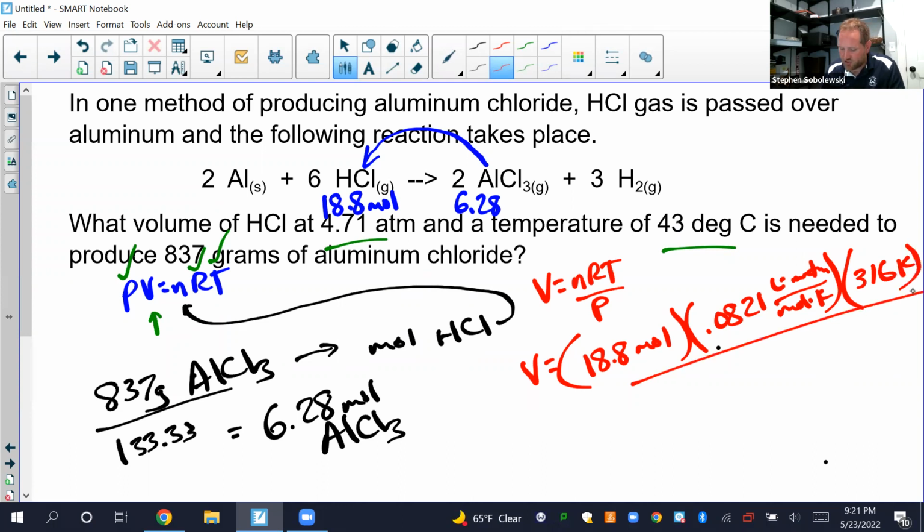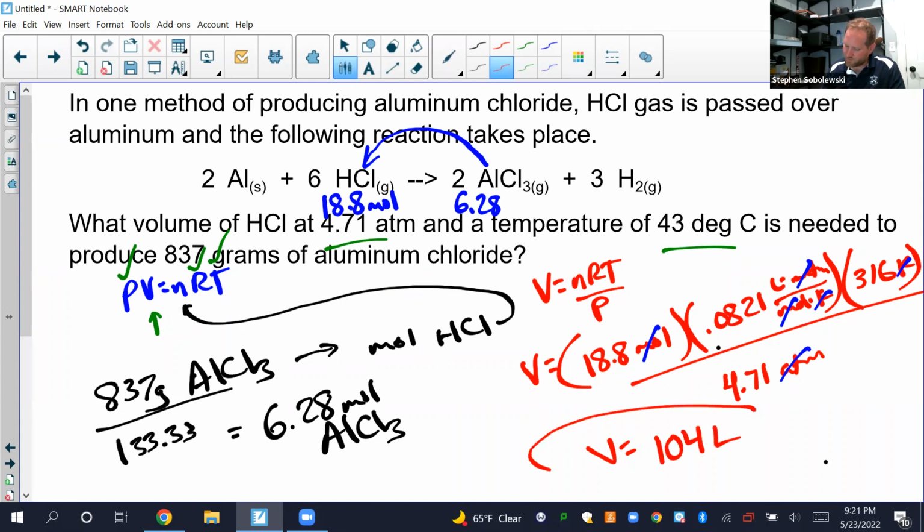And I divide that by pressure, 4.71 atm. I'm checking my units: mole, mole, Kelvin, Kelvin, atm, atm. We're left with liters. All right, let's see what we get. Three sig figs, 104 liters. Okay.